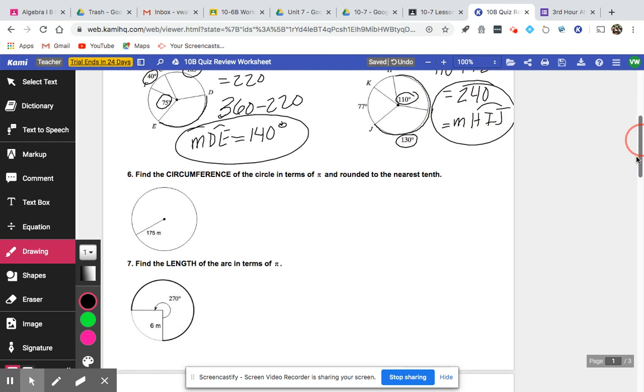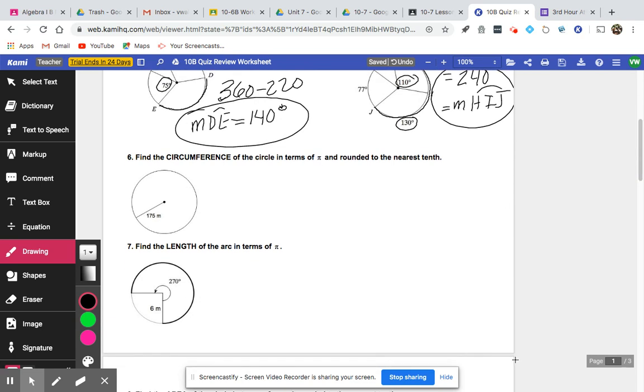Number 6. Find the circumference of the circle in terms of pi and round it to the nearest tenth. Remember, when it says in terms of pi, that means you have to include the symbol for pi in your answer. Circumference is 2 pi r. So we take 2 times our radius.